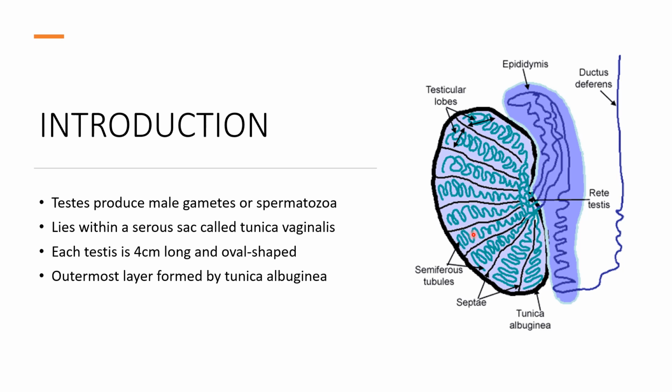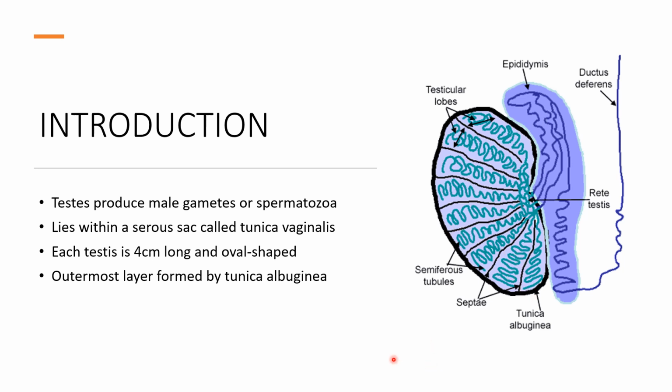Actually, there are three layers of sac which we are going to see, but basically the testis lies in a highly serous sac called the tunica vaginalis, and each of these testes measures around 4 cm in length. It is also oval in shape.